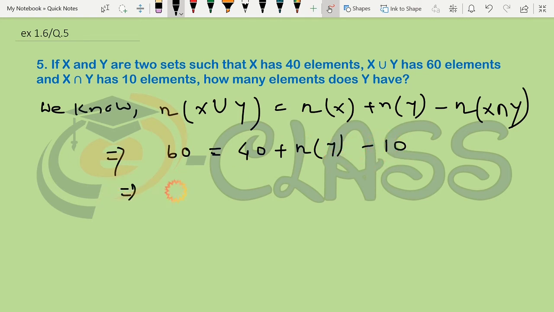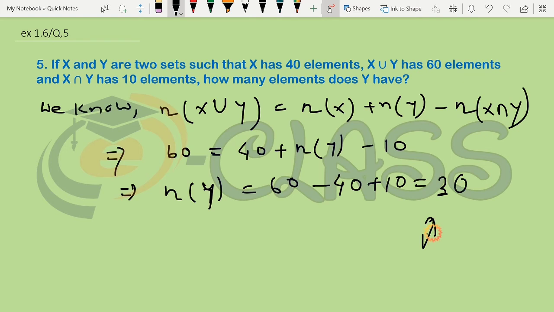So n of Y equals 60 minus 40 plus 10. So 70 minus 40, that is 30. So 30 is the correct answer for question number 5.